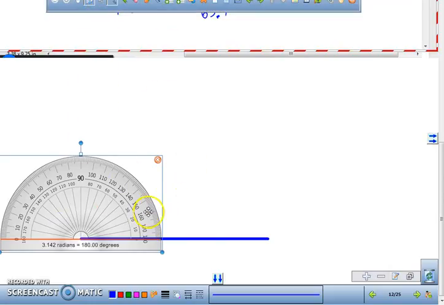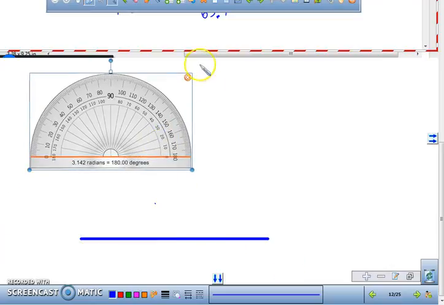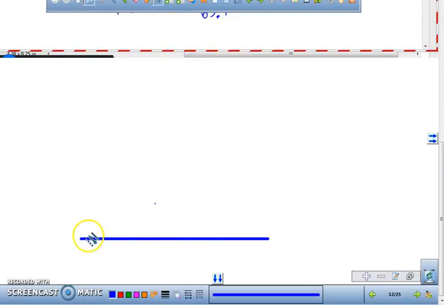It's pretty easy right here. About like that. Now, this side right here is side B.